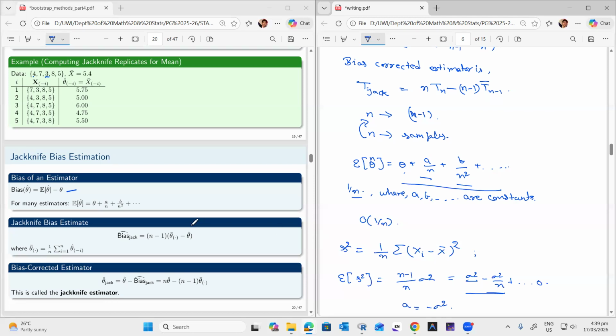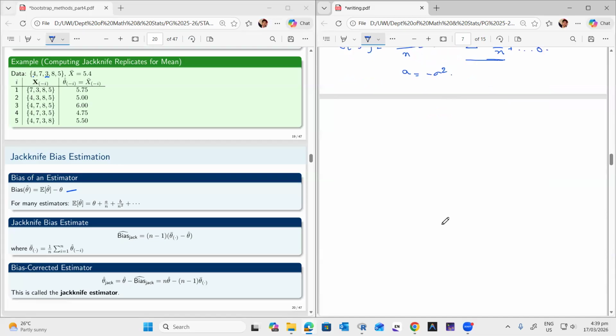Alright, so now after that we have the jackknife bias estimate. So the formula of the jackknife bias estimate is that bias cap of the jackknife equals n minus 1 into theta bar dot minus theta cap. Alright, so here theta cap is the estimator computed from the full sample of size n.